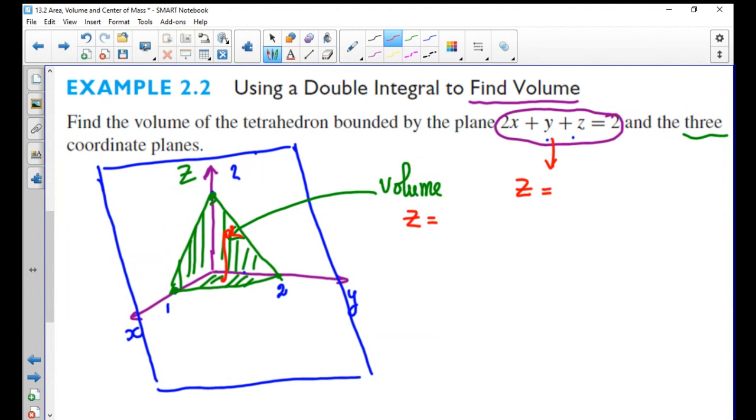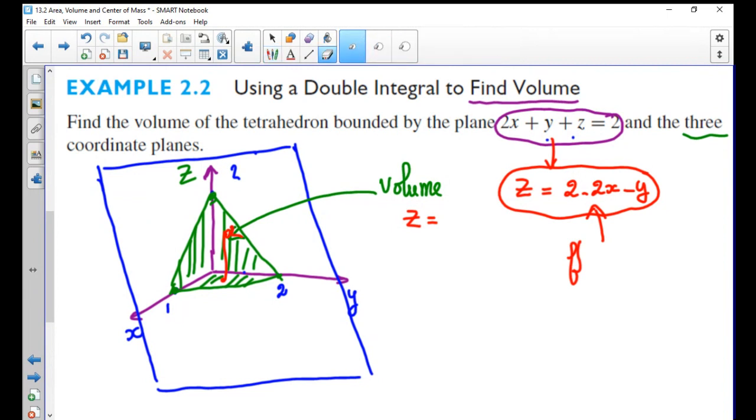So I can get z from here. What will be the z? 2 minus 2x minus y. That will be the function f. This is, if you want, our function f of xy that we are going to integrate.